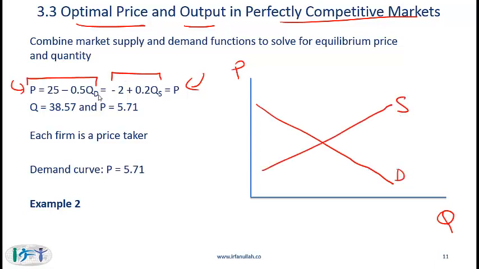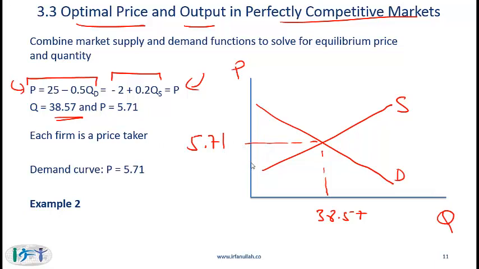we simply equate them, come up with the quantity. Let's say that when we come up with that quantity, it is 38.57. This is from the curriculum. And over here, the price is 5.71.